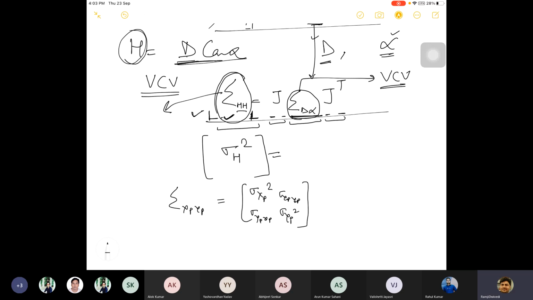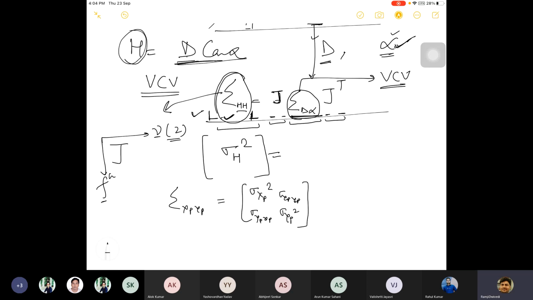Now, tell me what would be the size of the first Jacobian, J. Whenever a Jacobian comes, you should immediately form such a matrix: number of variables, number of functions. Tell me, Alok. Single variable, 1 cross 2, because there are two variables, D and alpha, which Rahul told.